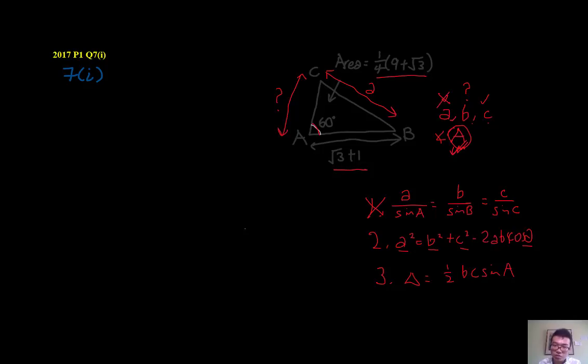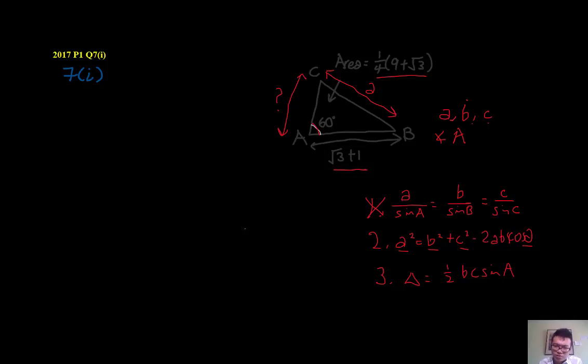You're asked to find B, which is the question mark, and C, which is here. Let me just revert this. In essence, you must have 3 of these values, and you're asked to find one of them. So if you only have 2 of the values, it does not stand as a cosine rule. I think that would be a much better explanation.